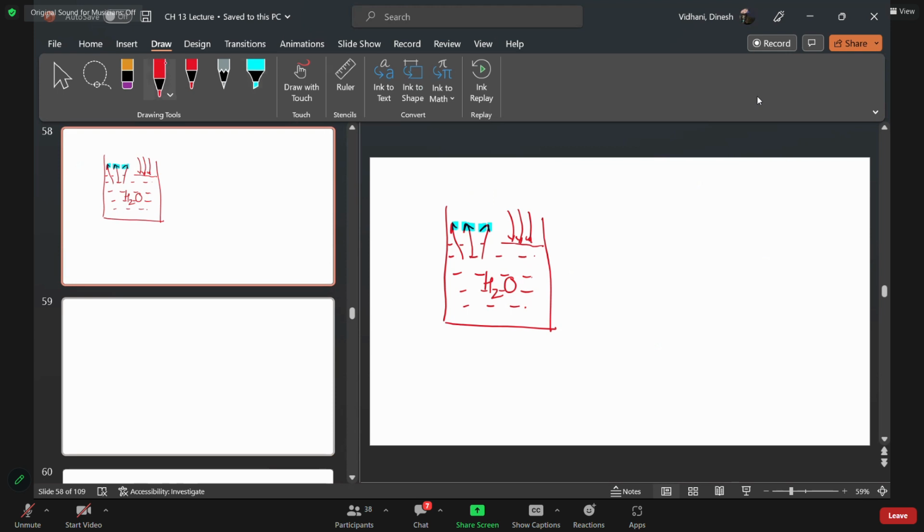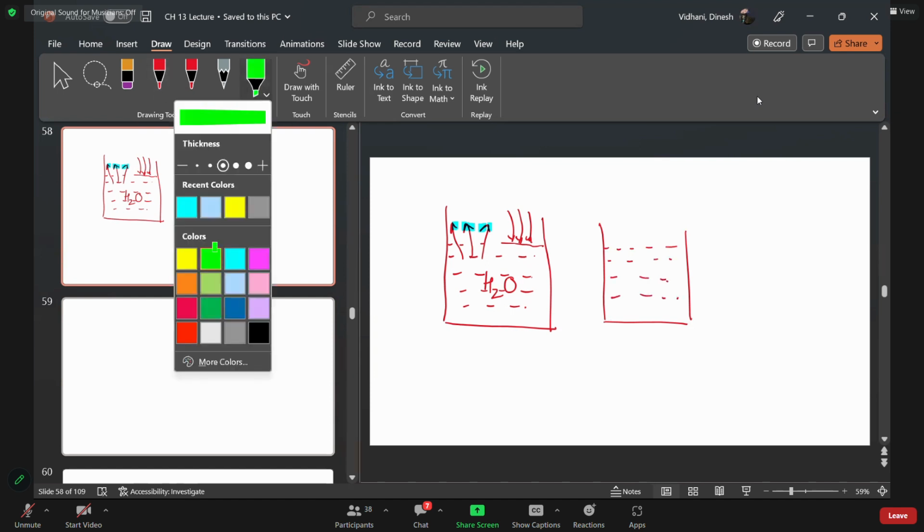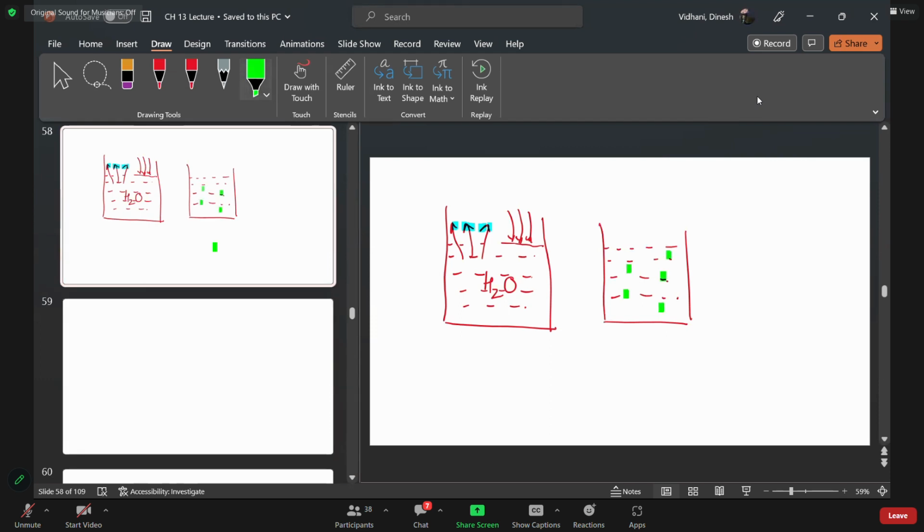Now imagine if I put a solute in this one, and suppose that solute is sodium chloride. I'm just putting it as dots. Now my water molecules, the ones that were easily moving out of the solution, are now bound.